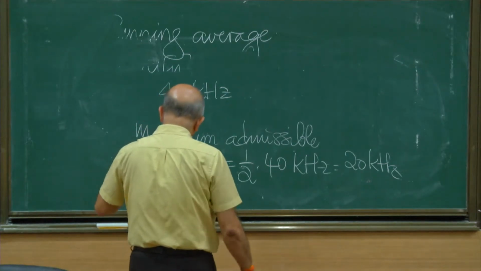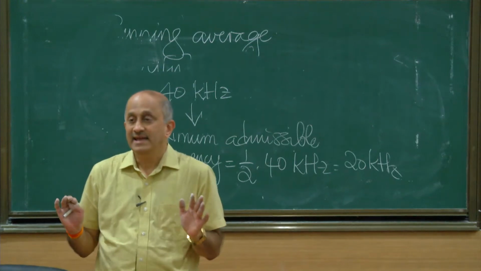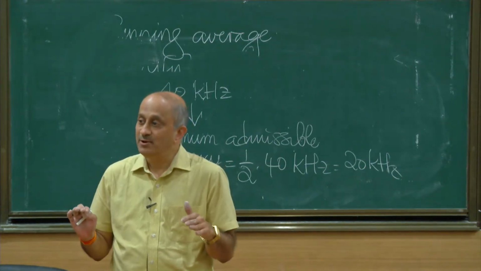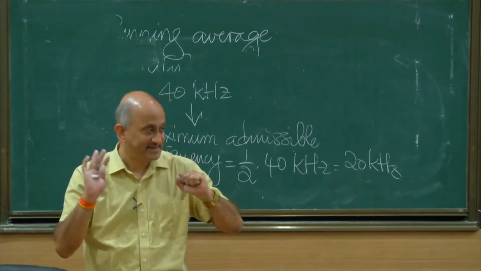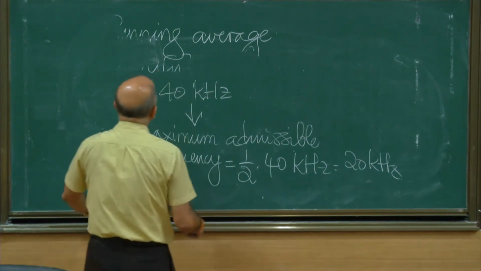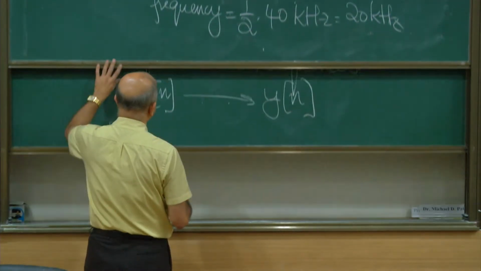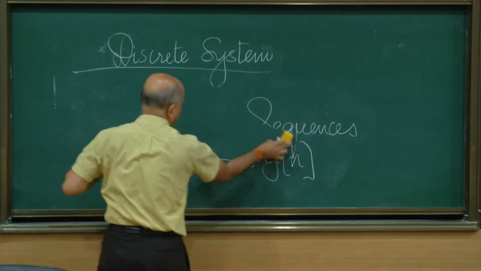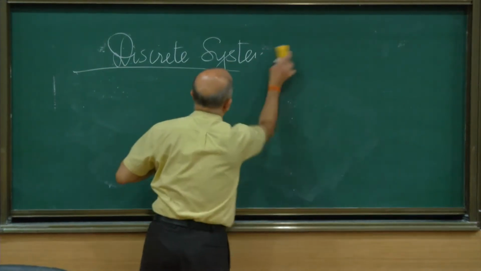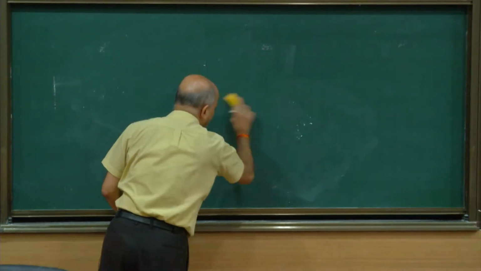Now, when we talk about a discrete system, it's always going to be dealing with a limited range of sine wave frequencies. Now let's take the system that we started with, the averaging system, and assume that to the averaging system we gave a sampled sinusoid.